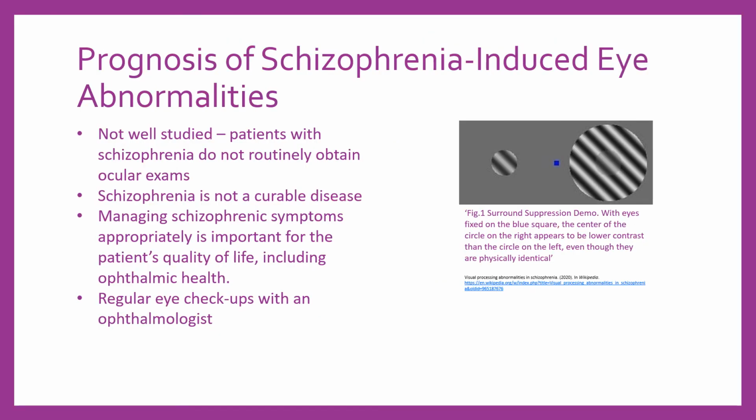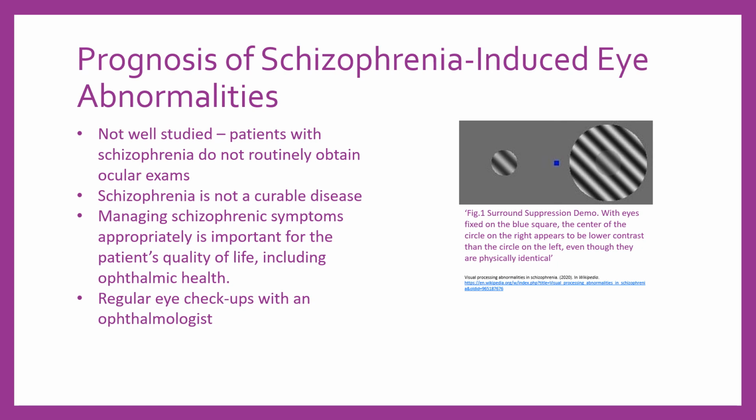The prognosis of schizophrenia-induced eye abnormalities are unfortunately not well studied. One of the factors that contribute to the uncertainty is because the patients with schizophrenia do not routinely obtain ocular exams. Nevertheless, it is known that schizophrenia is not a curable disease, so this is something that needs to be constantly monitored.